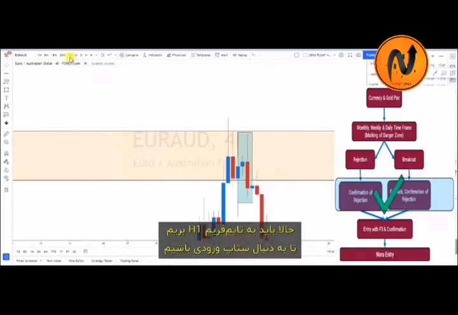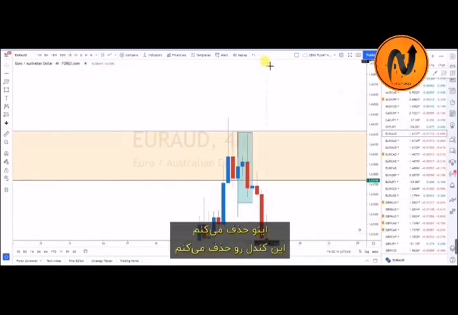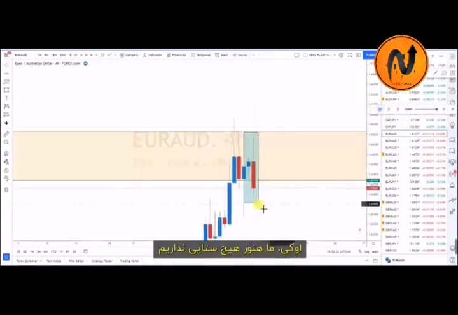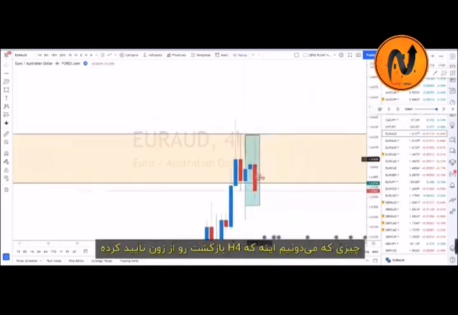So on the H4, we have the confirmation of rejection. What we should do next is go to the time frame H1 and below to look for an entry setup. Let's say I'm going to remove this candlestick. We don't have any setup yet. What we know is that the H4 has confirmed rejection from the zone.